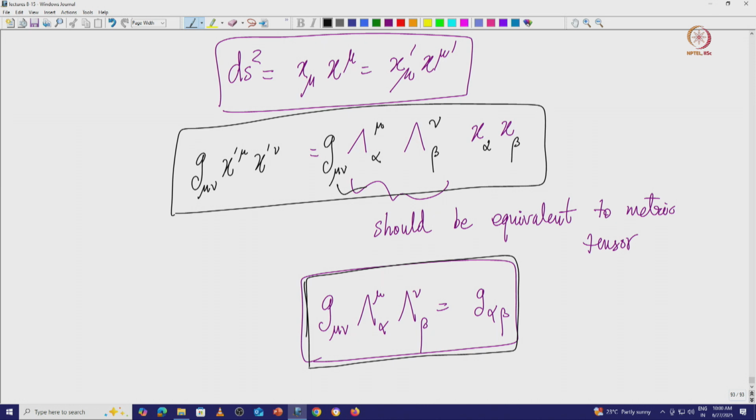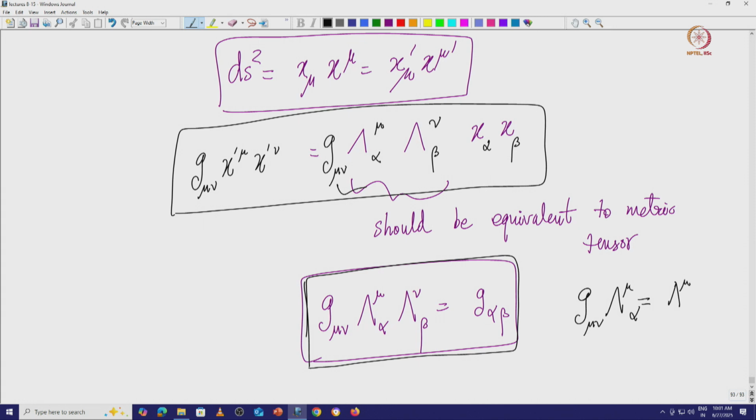This puts a very strong constraint on the Lorentz transformations. Now if you can absorb lambda mu, okay, so if you take g mu nu lambda mu alpha, you can absorb the mu on both sides.